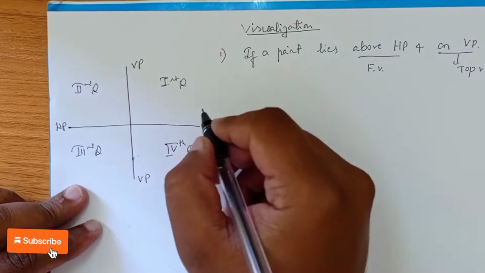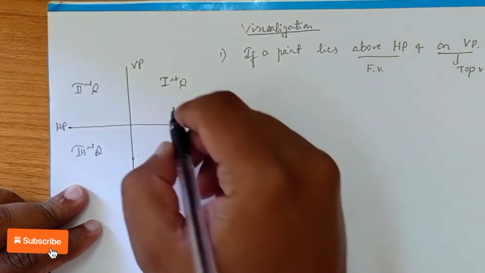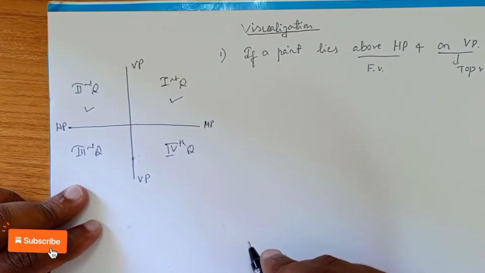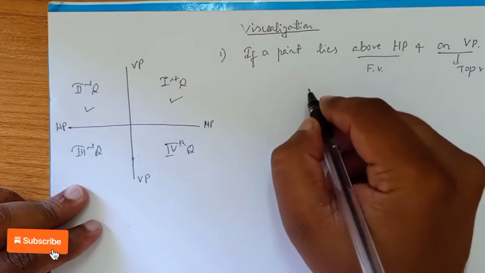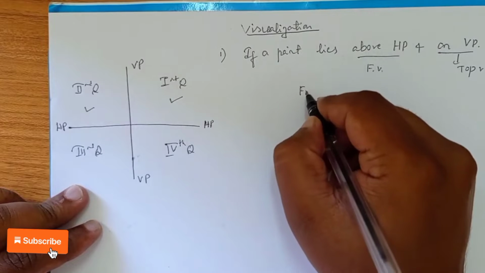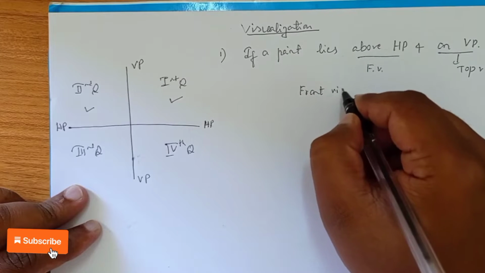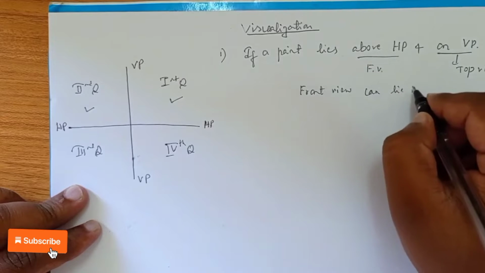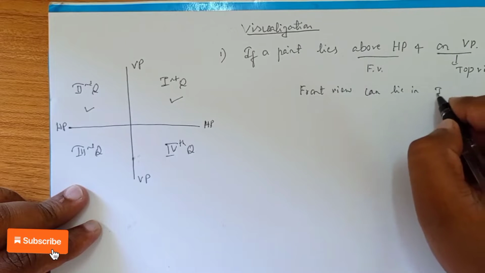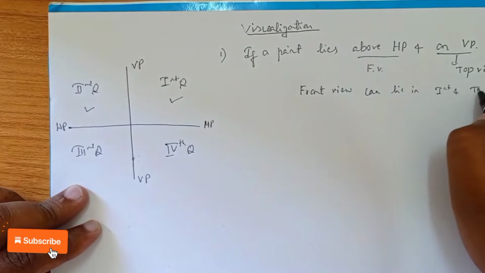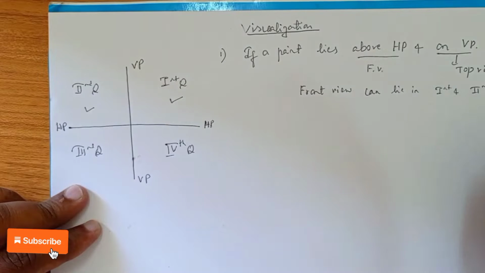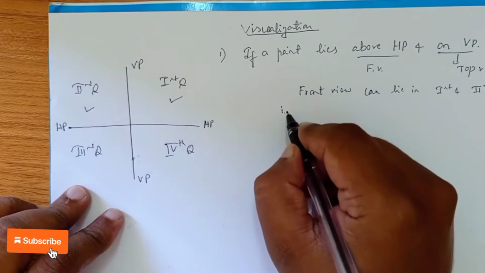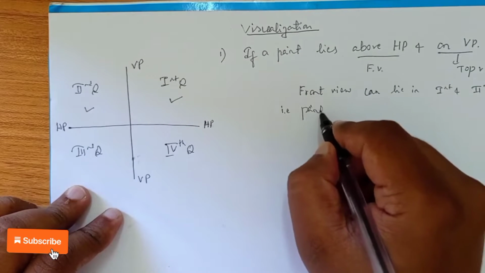So above HP means the front view can lie in either the first quadrant or the second quadrant.